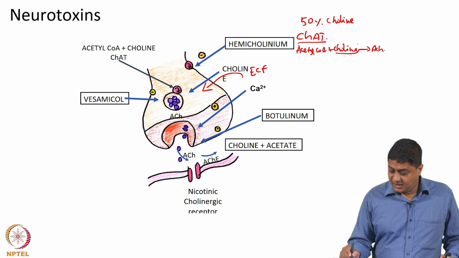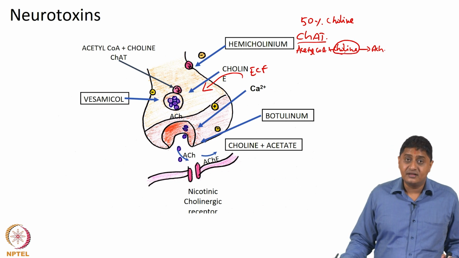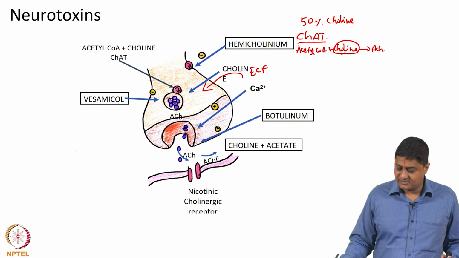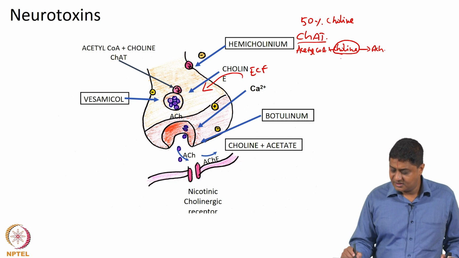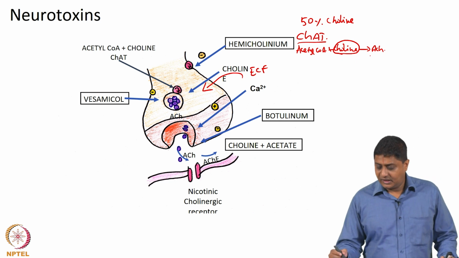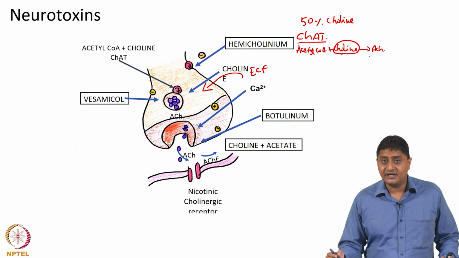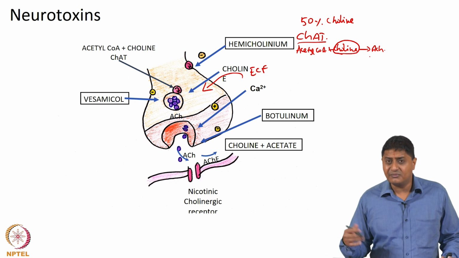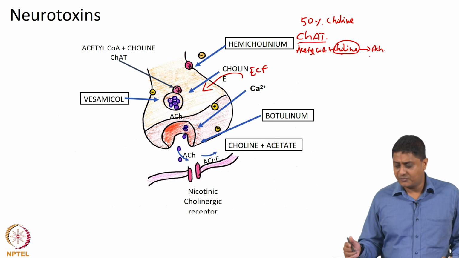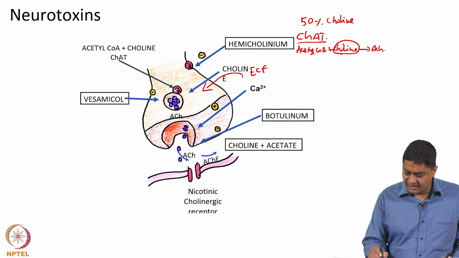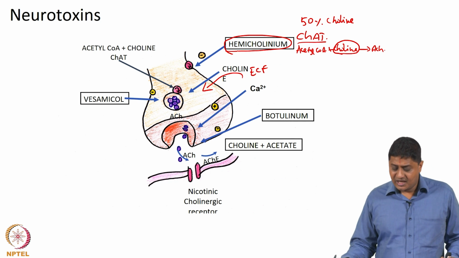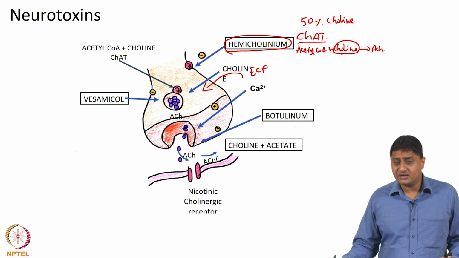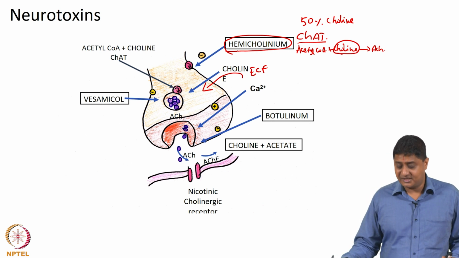If this ingredient in acetylcholine is lesser, or if choline is reduced by 50%, essentially after some time acetylcholine cannot be produced. That action is caused by the toxin hemicholinium. Hemicholinium basically blocks the choline reuptake system from reuptaking choline.